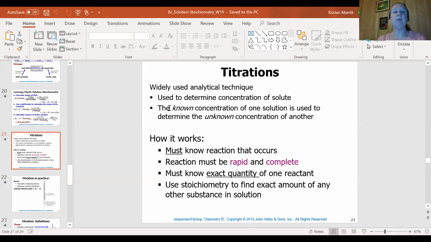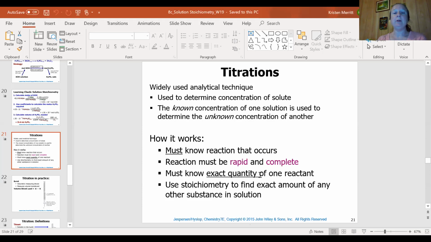So what we're using is the known concentration of one solution to determine the unknown concentration of another. And it works because acid-base reactions neutralize each other. For this to work, you have to know the reaction. It must be rapid and complete. It's got to happen immediately. You're actually watching for a color change because you have an indicator in there.